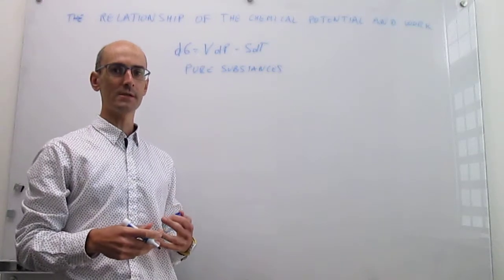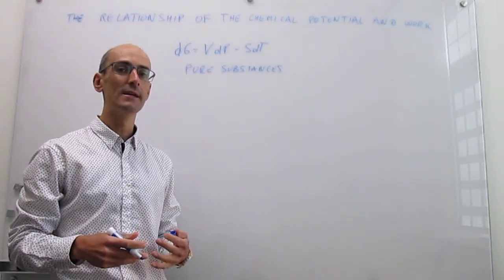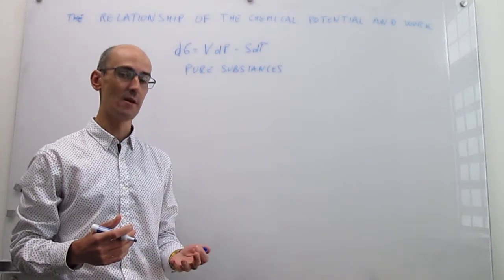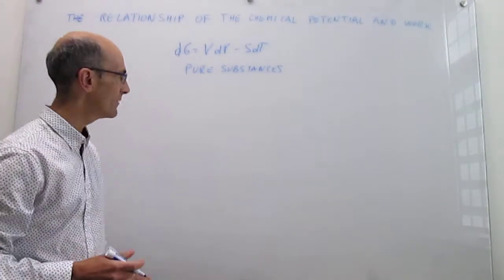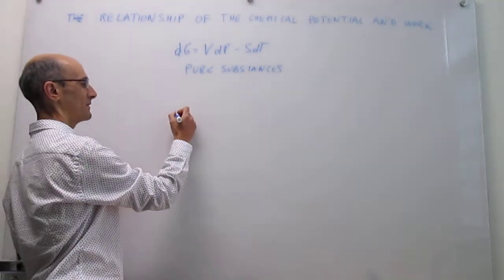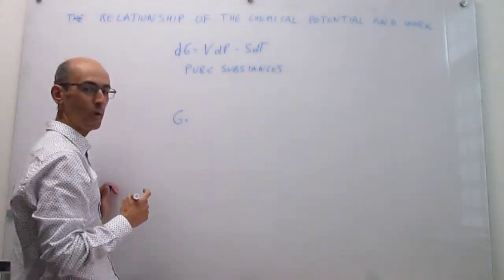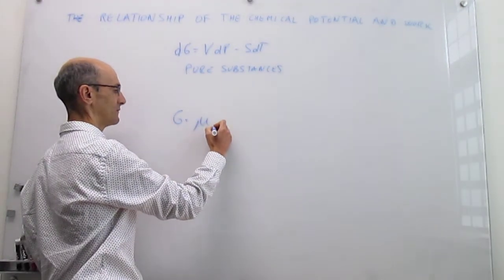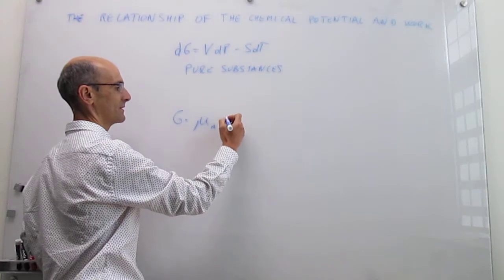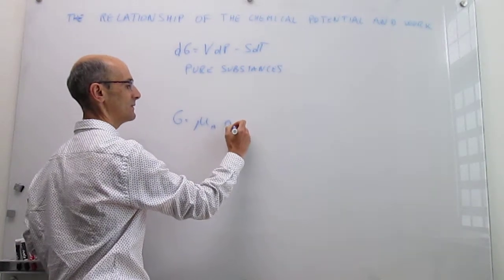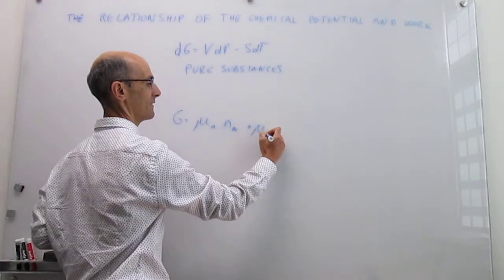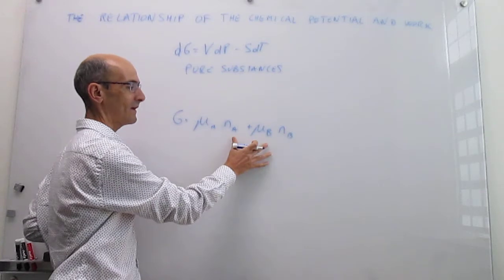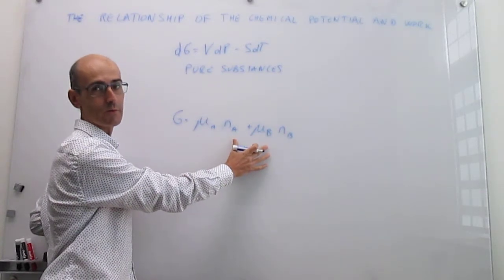But of course, we have started to look at mixtures, and those are thermodynamic systems in which concentration might also vary. The way that we have defined the Gibbs energy when the concentration is at play is the chemical potential of species A times the number of moles of species A, and then the pertinent values for component B. That's if you have a binary mixture with only two components.